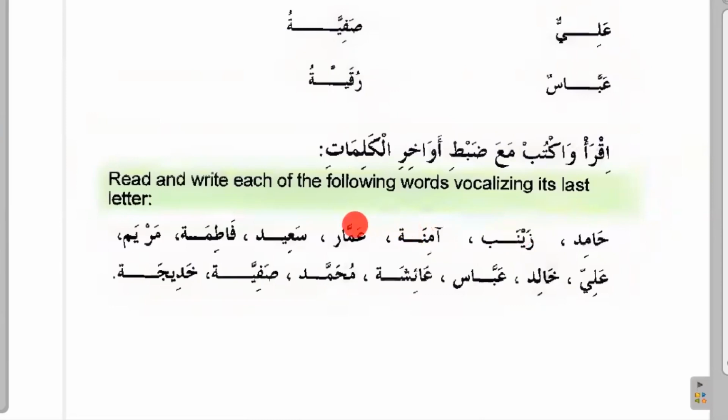Aminatu, one dhamma. Ammarun is a masculine name, so two dhammas. Sa'idun, Fatimatu, Maryamu, Aliyun, Khalidun, Abbasun, Aishatu, Muhammadun, Sofiyatu, Khadijatu, one dhamma for feminine names.